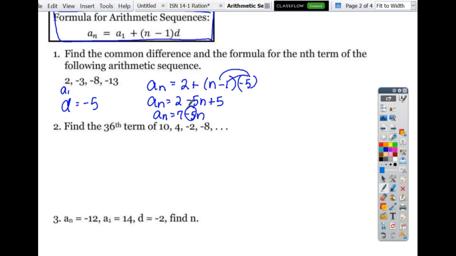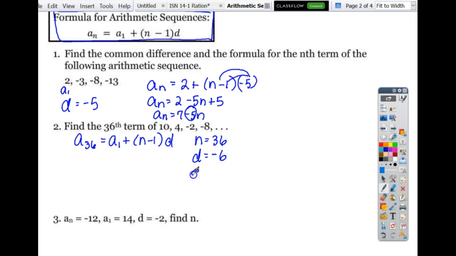All right. I want to find the 36th term. So I need to fill in the whole formula. And so what does my n equal? 36. What does my d equal this time? -6.